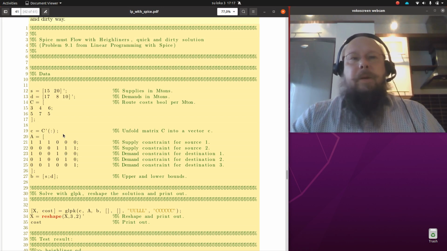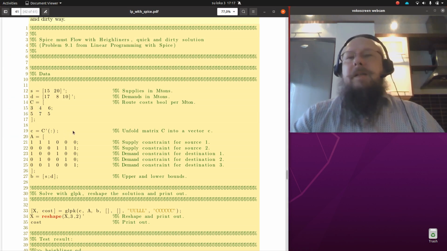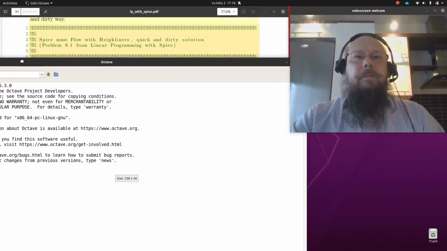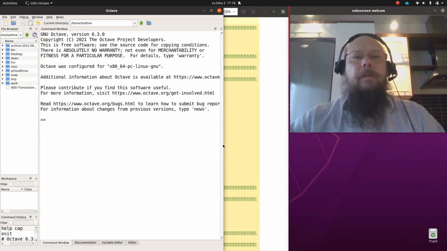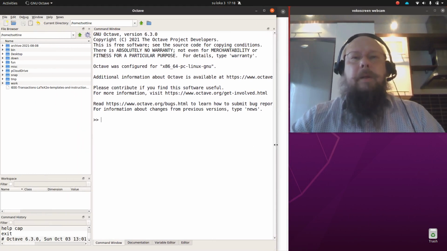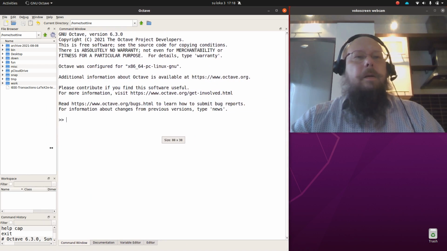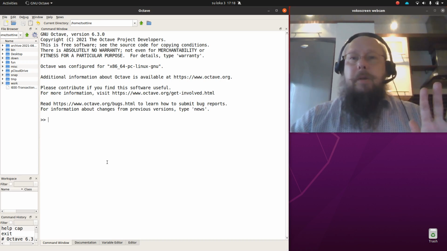To understand what's going on, maybe I eat my words and start Octave. This is a typical thing: if there is some code and you don't understand how it actually works, try it out. Let me fix the window to a relatively nice size. So now I have Octave here. I'm not in the correct directory, but since I'm just trying things out on the console, it doesn't matter.